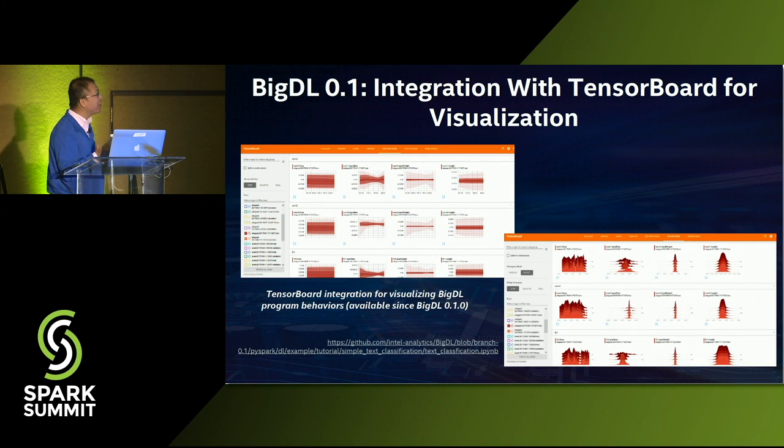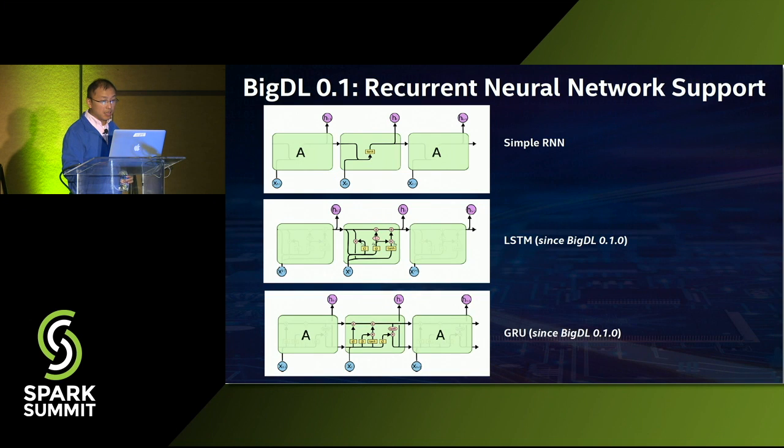TensorBoard is a set of tools from Google for you to visualize deep learning applications, and now you can use BigDL with TensorBoard to visualize, for instance, your learning rate, how your loss changes, how your gradient distribution looks like, and so on. There is also much recurrent unit support provided in BigDL 0.1.